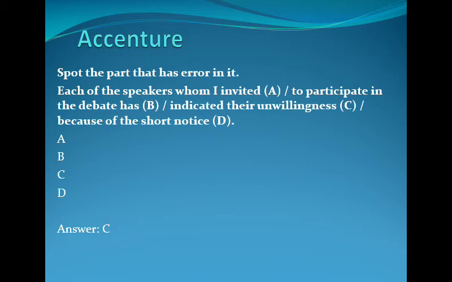That is, whenever you have each or every or everyone, everybody, someone, somebody, no one, nobody, all these take third person singular. It's not considered as a plural form. It is considered as third person singular. So instead of their unwillingness, you need to change this to his or her unwillingness. You can use his as a universal word where it is understood. So that's the problem in this sentence.